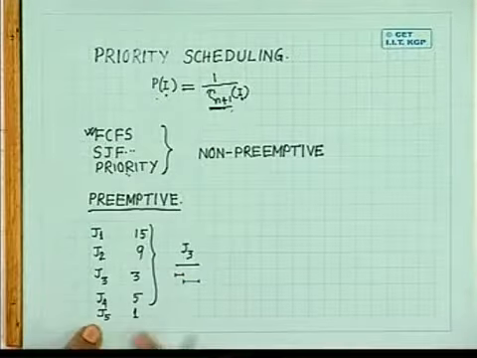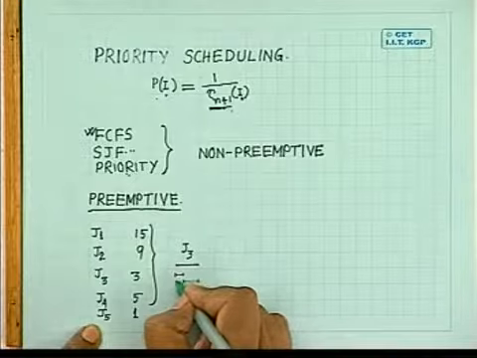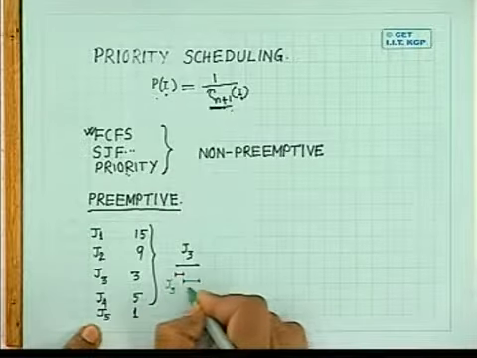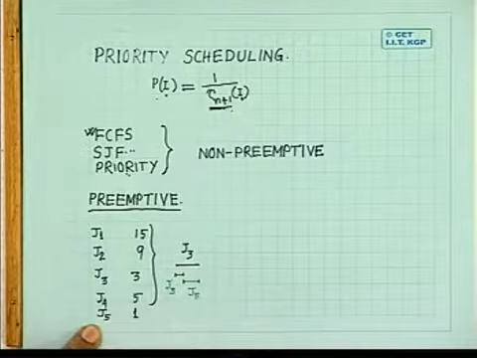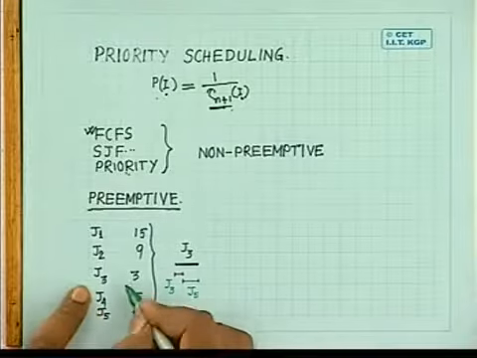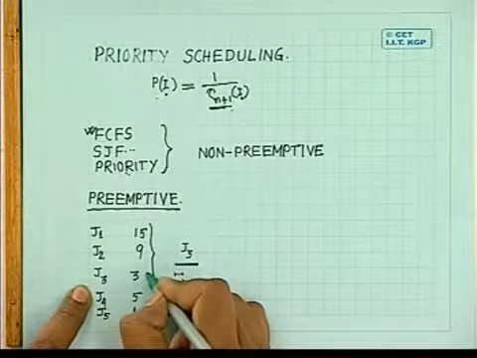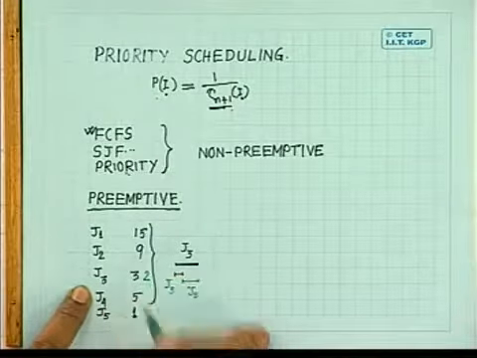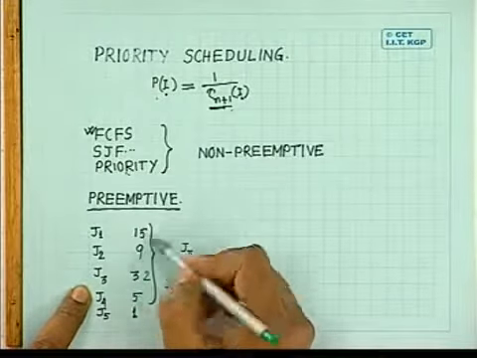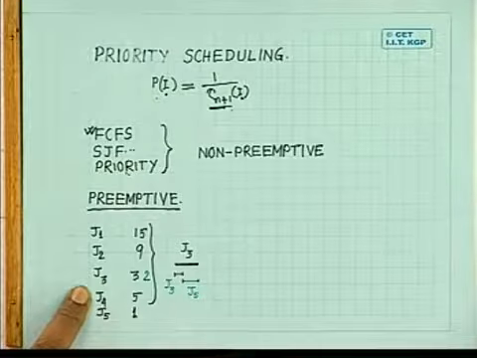So, J3 is executed here, J5 is executed here. After completion of job J5, I have within the ready queue job J3 with a remaining time of 2 time units. Other jobs have not been executed at all, so for them the remaining time remains the same.